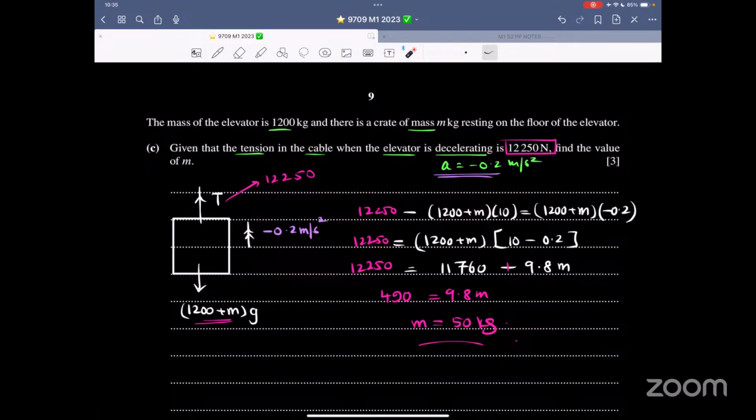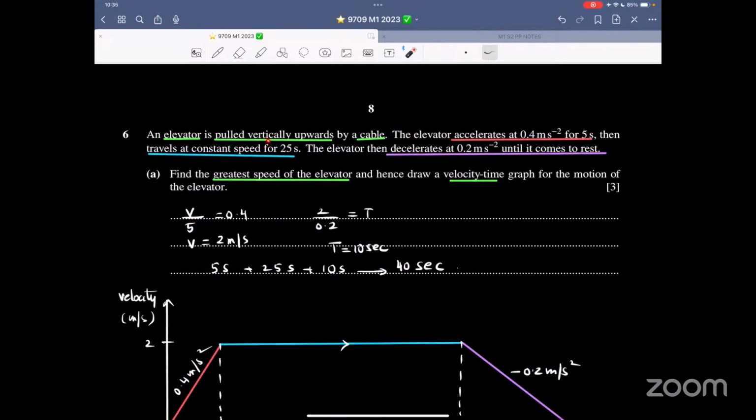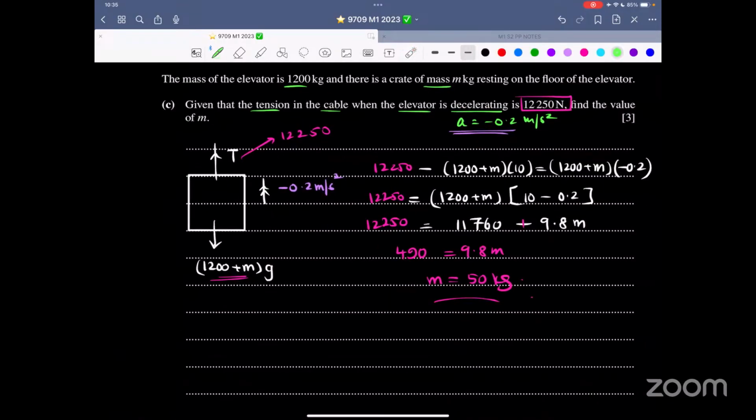So first of all, when we are talking about the elevator, we are talking about the elevator plus this m. It is going up, but decelerating. It's pulled vertically up, and the acceleration is negative.